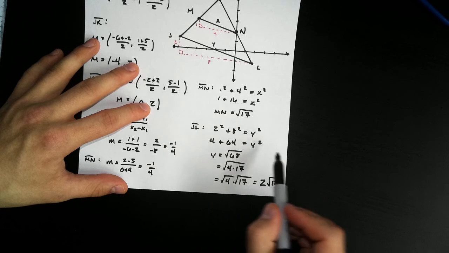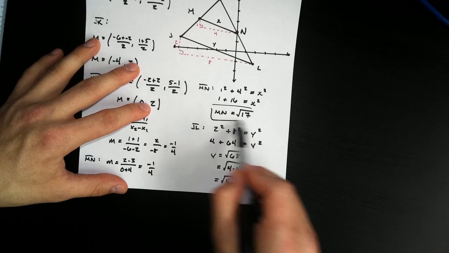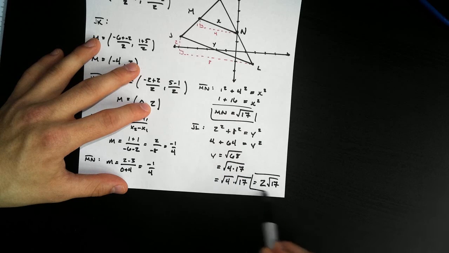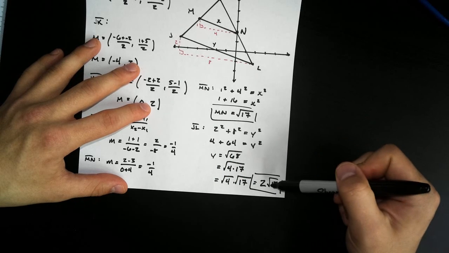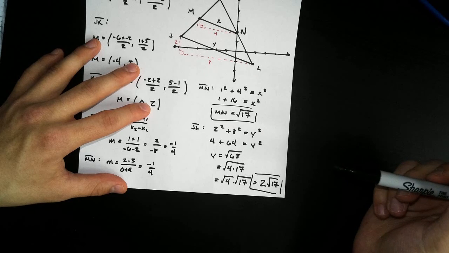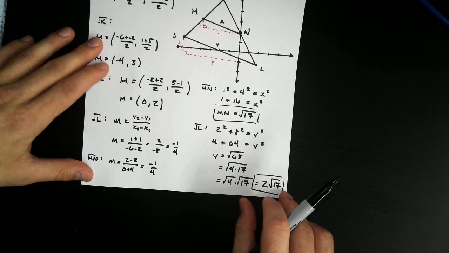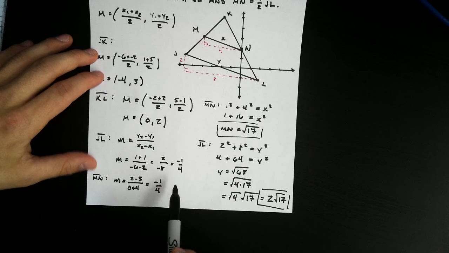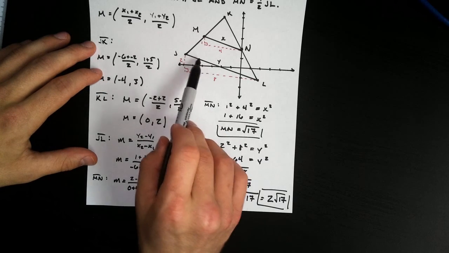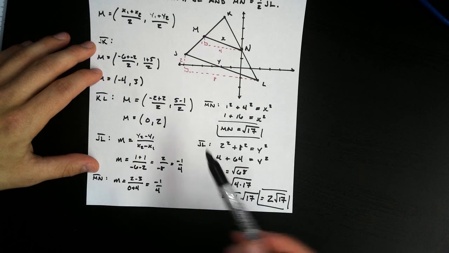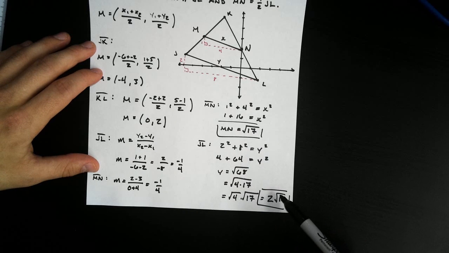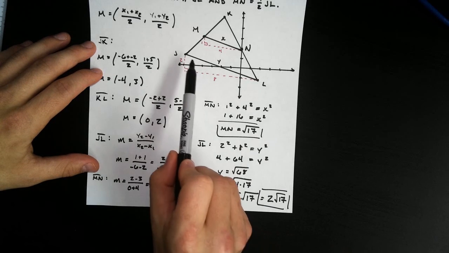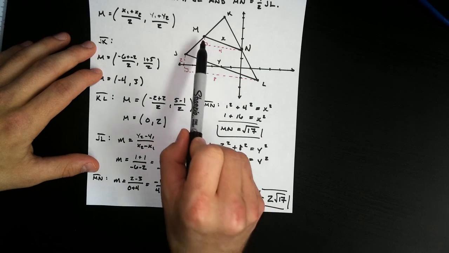And now we can see, comparing these two lengths, that this is just twice as big as that one. So, based on that, because they have the same slopes, the midsegment and this side are parallel, and based on their distances, we can see that JL is twice as long as MN.